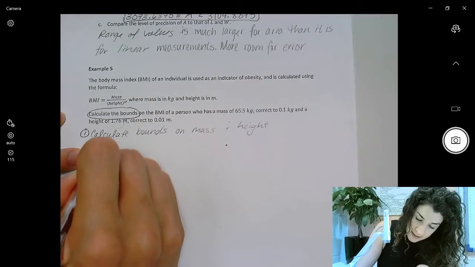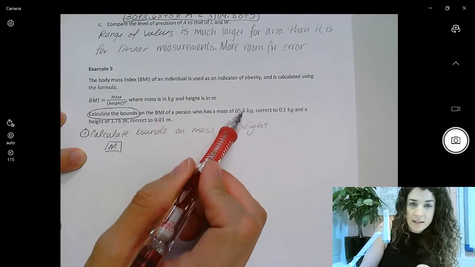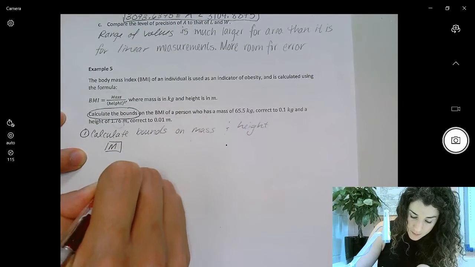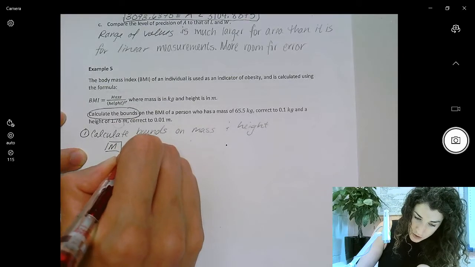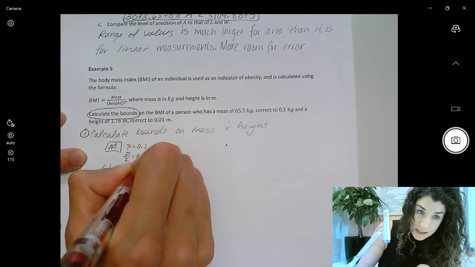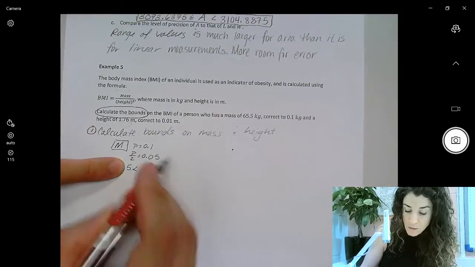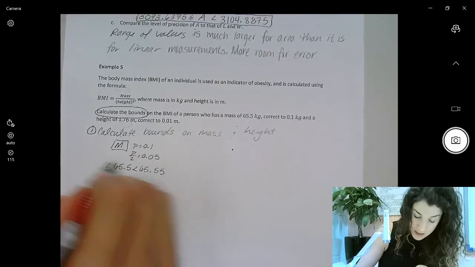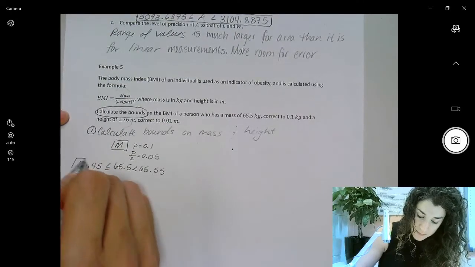So the mass, M for mass, is 65.5. And our level of precision is 0.1, which means that P over 2 is 0.05. Or I think of this as 50. So I do 55 and I do 45.